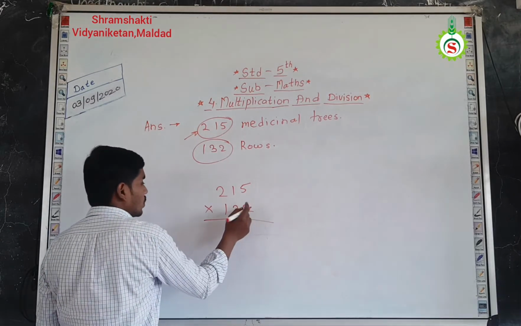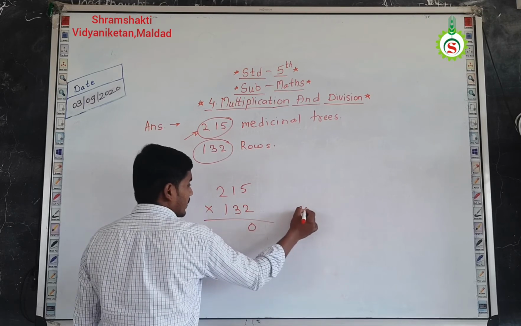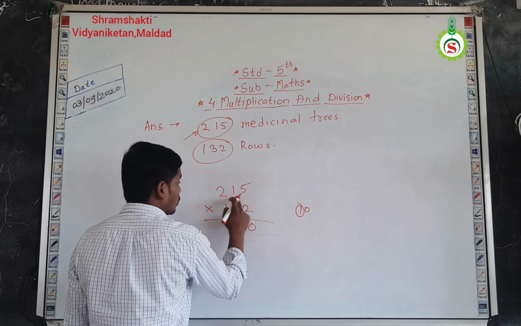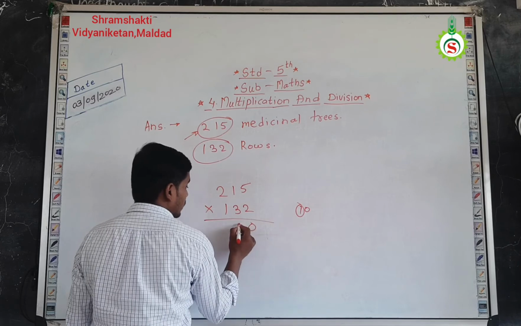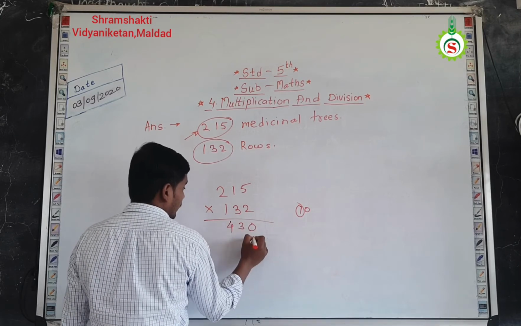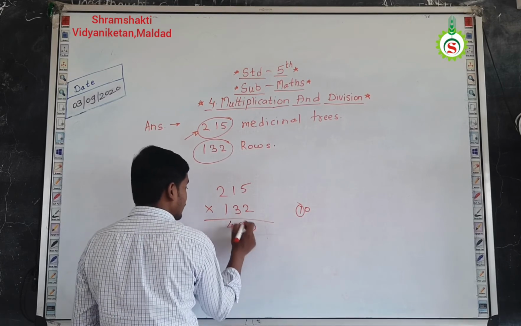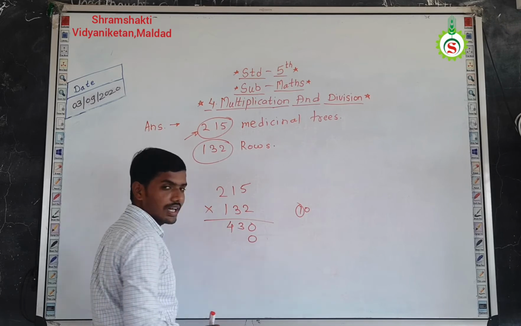Okay, so 2 5s, I will start from the 2. So 2 5s are 10, 1 is carry, 2 1s are 2, 2 plus 1 is 3, 2 2s are 4. Now 2 is over. Now I will start for the 3. That 3 is present at the place of tens, so at the place of unit I will use 0.